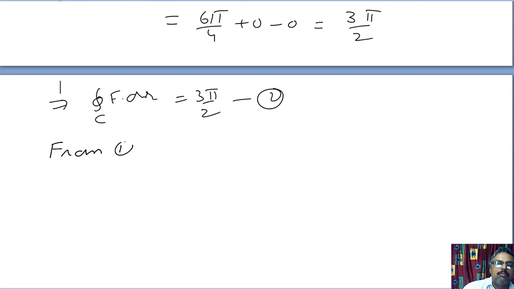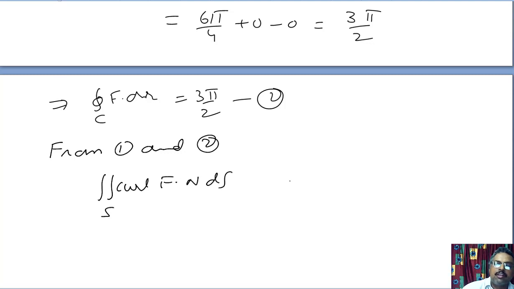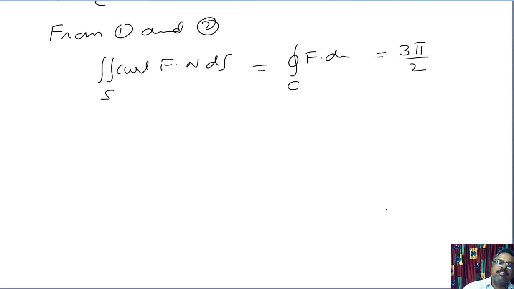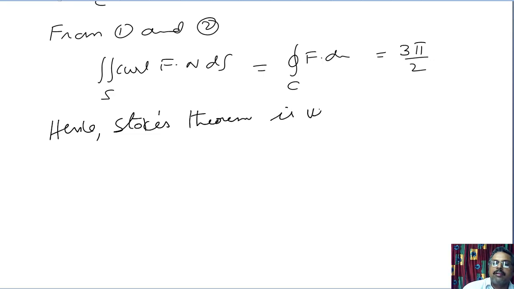The double integral of curl F dot n dS over the surface is the same as the integral of F dot dr along the closed curve C, 3 pi by 2. Hence both values are the same. Hence Stokes theorem is verified.